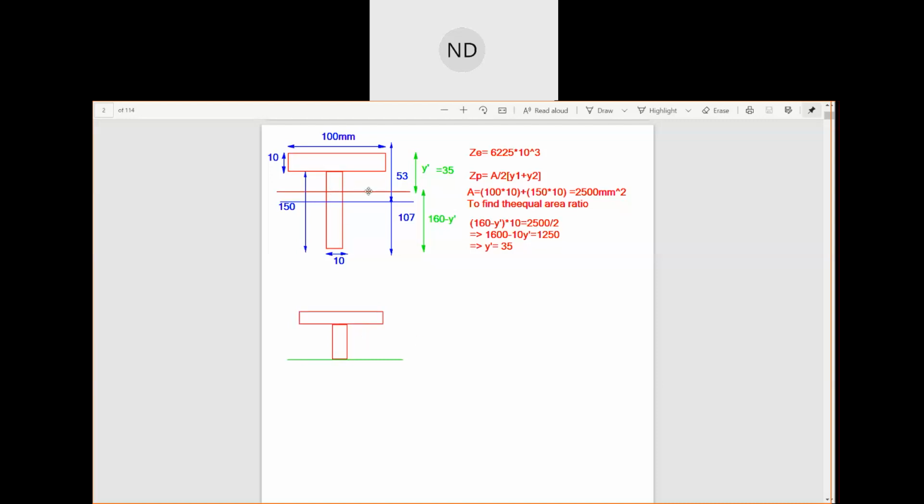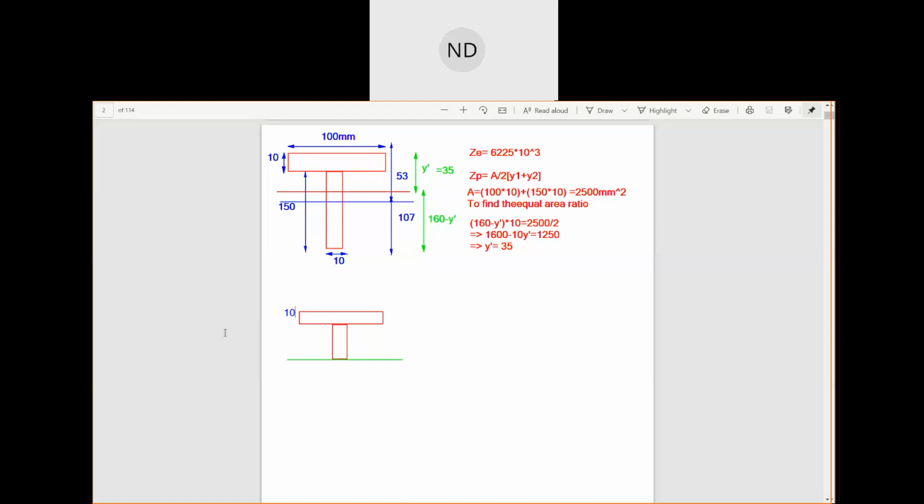This portion above the equal area axis is this small one and this upper portion, and this one is 10.